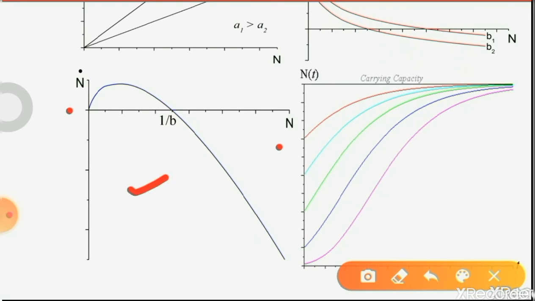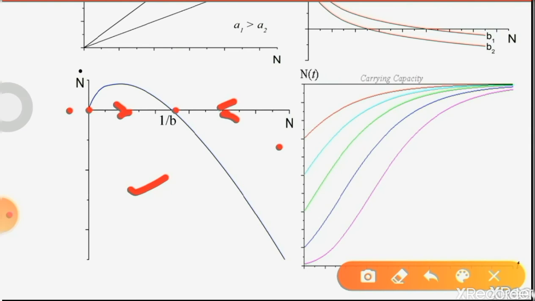From this plot of the vector field, we have to draw the trajectories for different initial values of the number of cells. Here n equals 0 is an unstable fixed point, n equals 1/b is a stable fixed point. Here the flow is towards the right, here the flow is to the left.